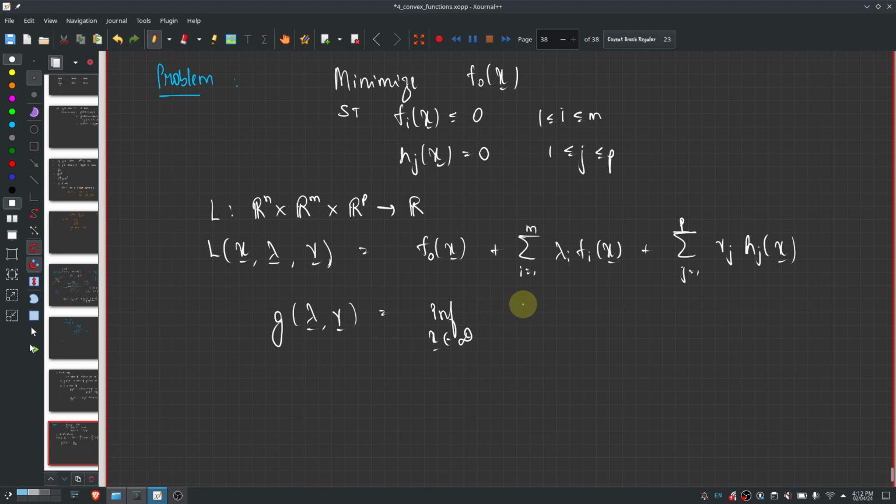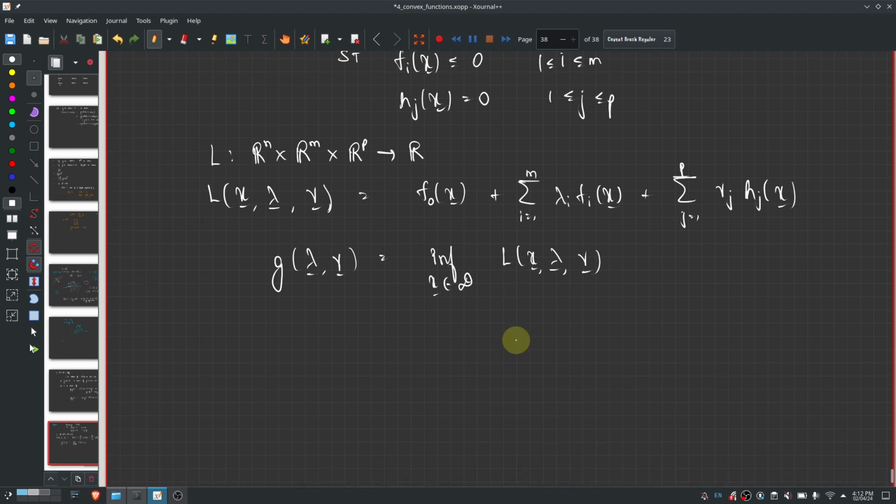So it's the infimum of L of x, lambda, nu. And we saw that this g of lambda comma nu, at least for lambda greater than or equal to 0, always gives you a lower bound on the true minimum, the actual constrained minimum.